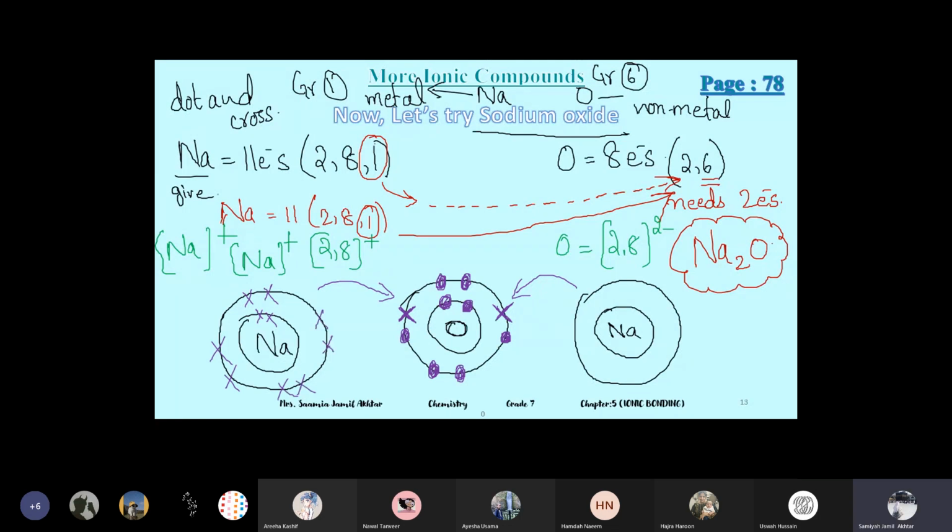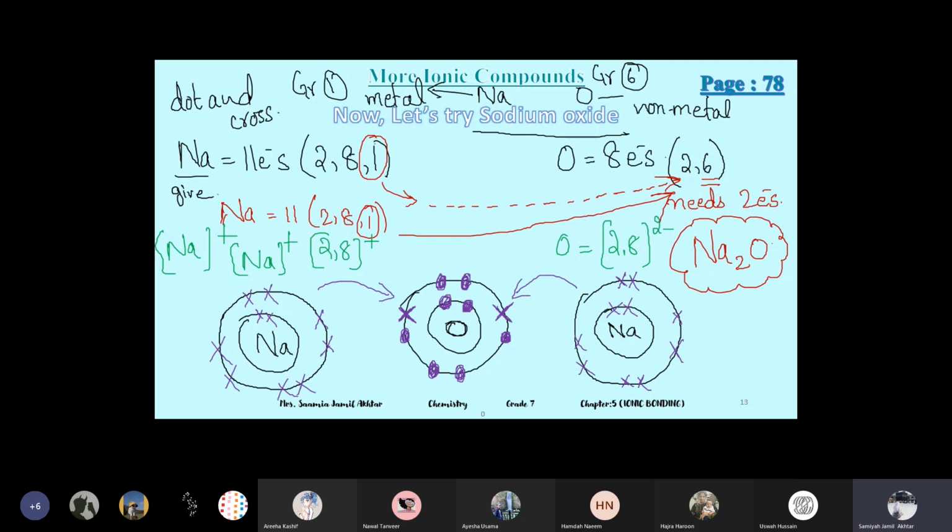Sodium has 8 electrons, 2 in the first shell. You only have to show the difference between metals and non-metals. So see here, 2 sodium metals with cross. The electrons are with cross, and oxygen non-metal with dot. And these 2 crosses in oxygen indicate that these 2 electrons are transferred from 2 sodiums. One from one sodium, other from the other sodium.